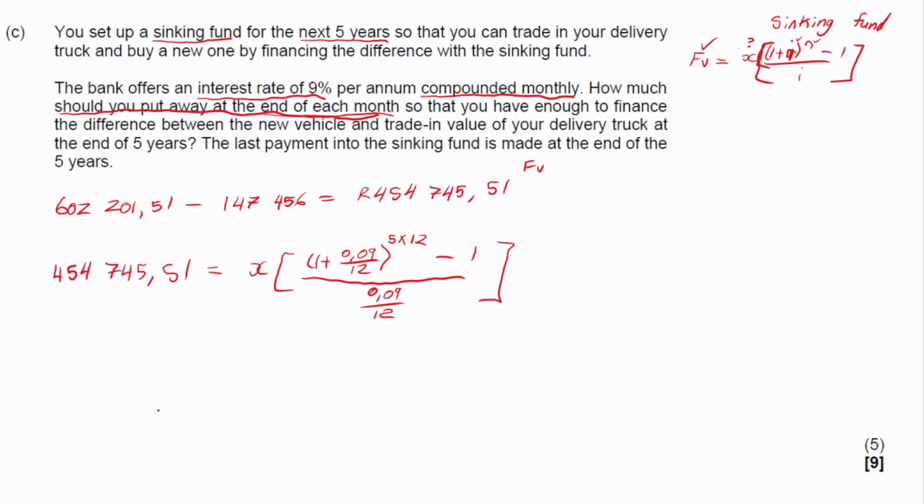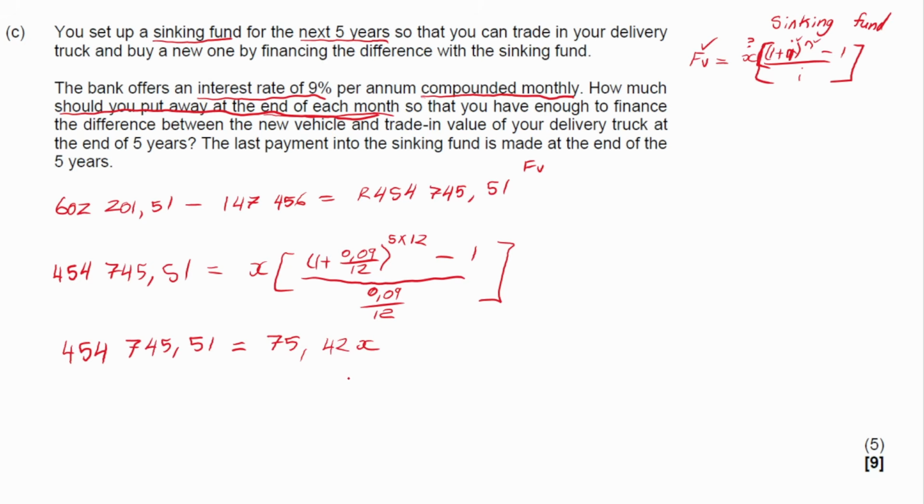Now I need to solve for my x. Nothing changes on the left, but on the right I'm going to put this in my calculator. When we put that value in our calculator, we get this.